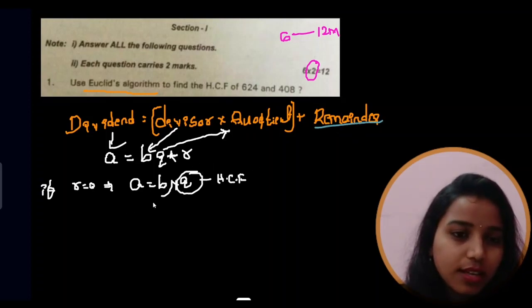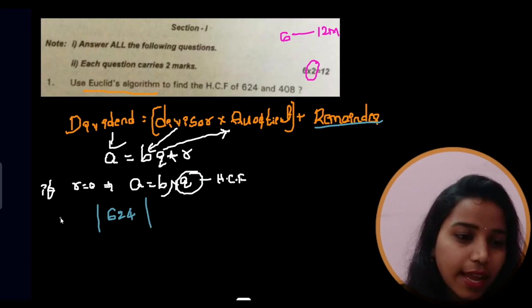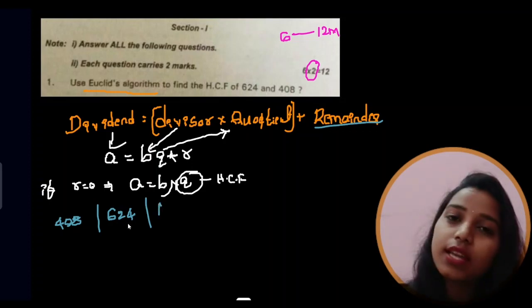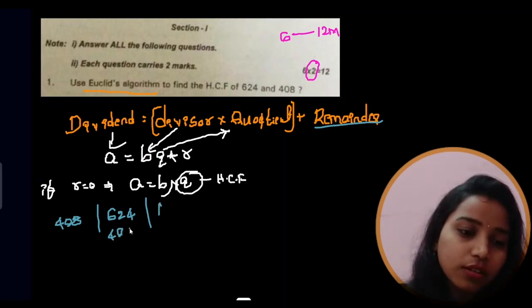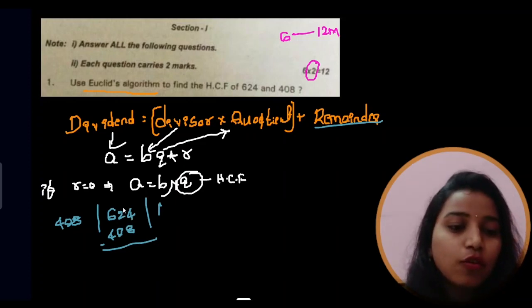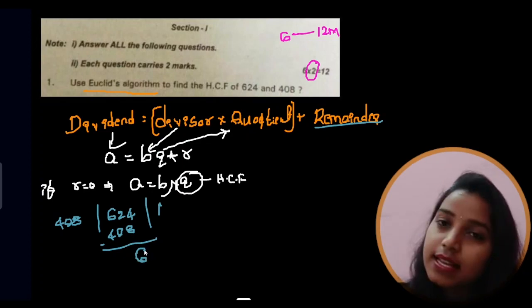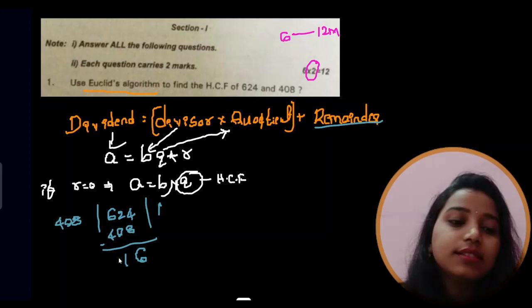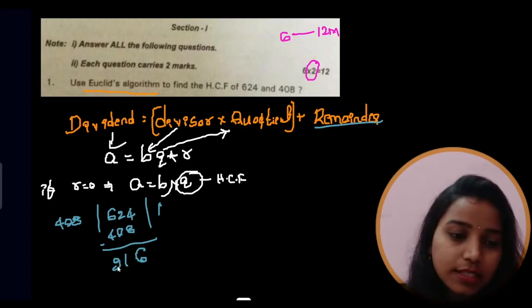So we take 624 and 408. First we have to take the larger number as the dividend. 408 ones are 408, minus. Here 4 minus 8 we cannot do, so 14 minus 8 is 6, and 1 minus 0 is 1, and 6 minus 4 is 2.